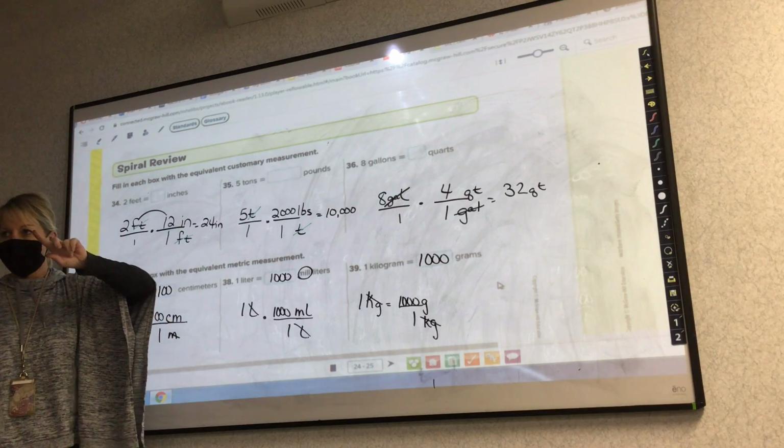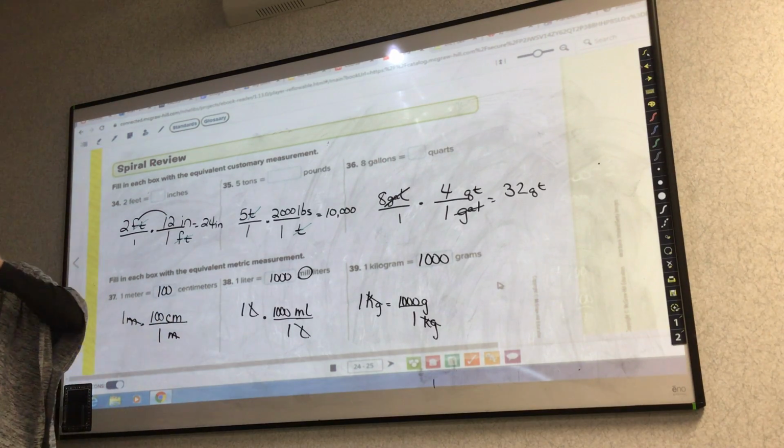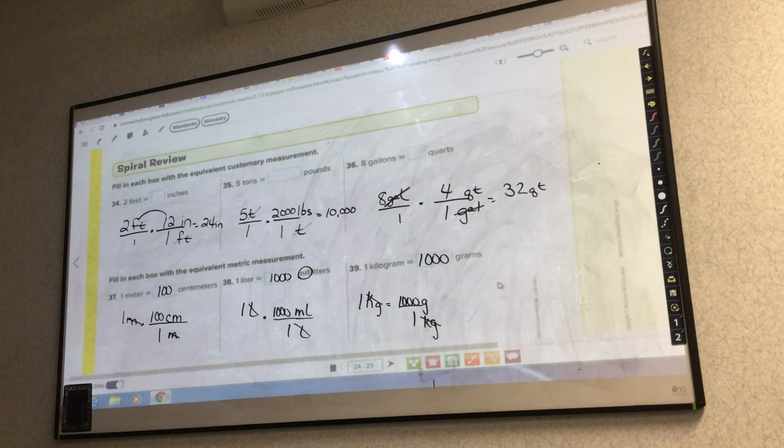Okay, hold on. I want you to go back in your book to the same lesson, the independent practice pages. That would be page 21. On page 21, we're random. I'm not saying all odds.